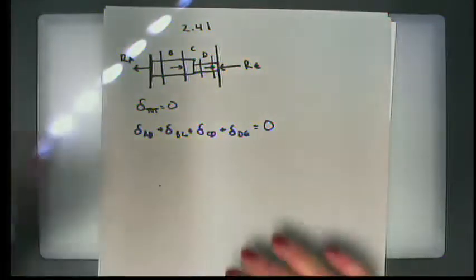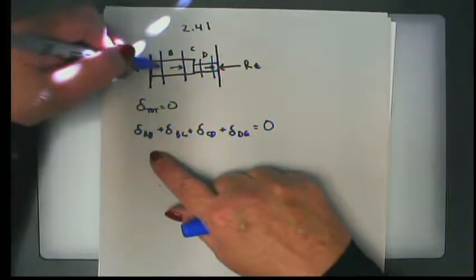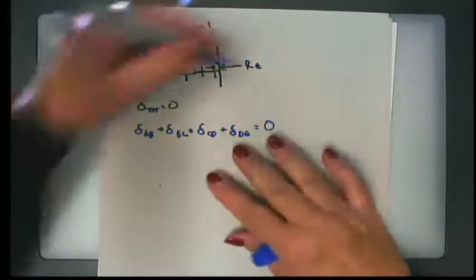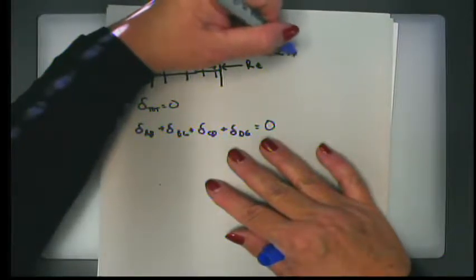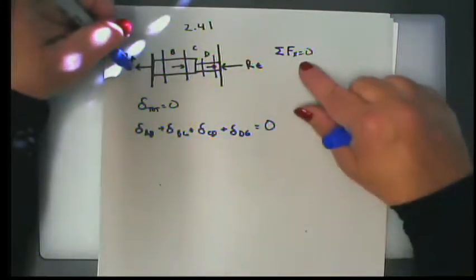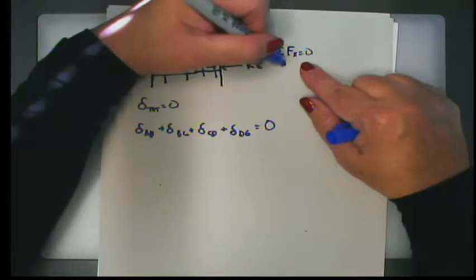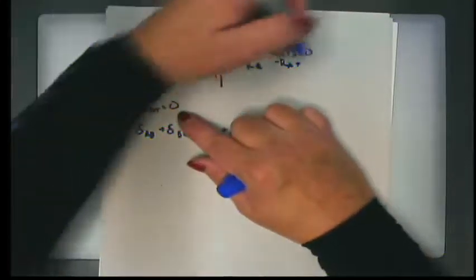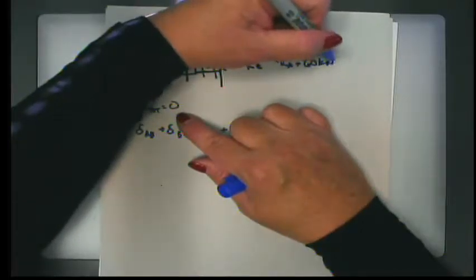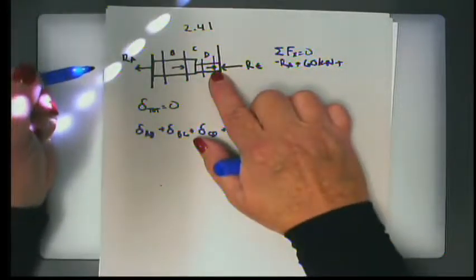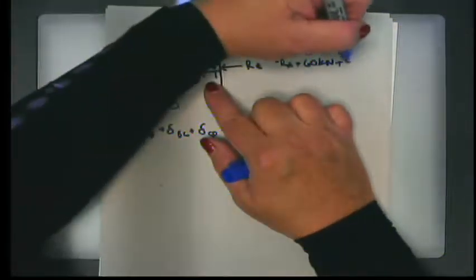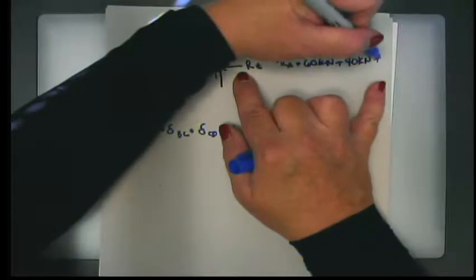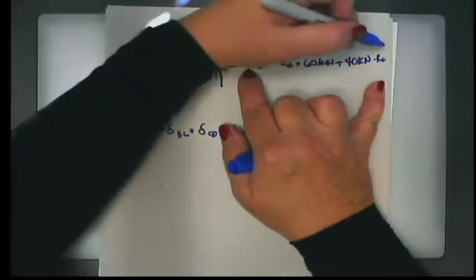All right, so from A to B, let's just start here. I don't want to put R sub E in my equation except for the summation of forces x equals 0. I'm going to be true to my sign convention. I have a negative RA plus the force applied at B, which I'm told is 60 kilonewtons, plus the force at D, which is 40 kilonewtons, minus R sub E, and all of those equal 0.